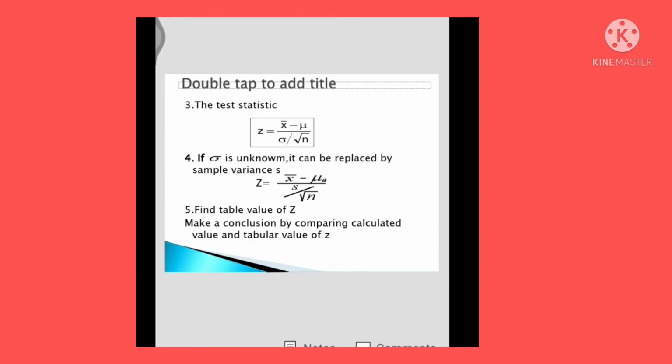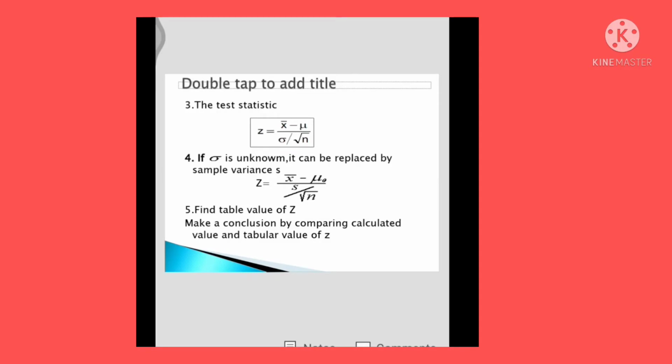The third point is the test statistic, the formula: Z is equal to x bar minus mu naught divided by sigma by under root n.